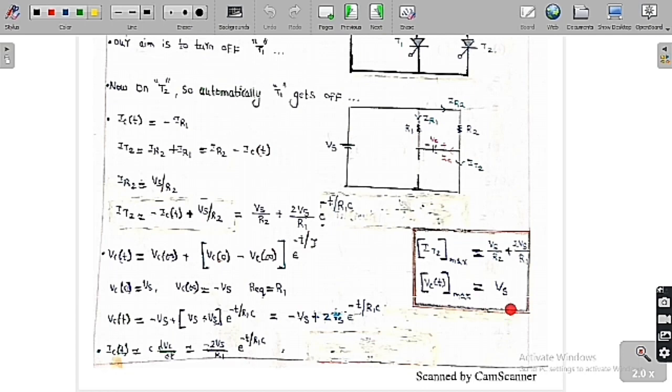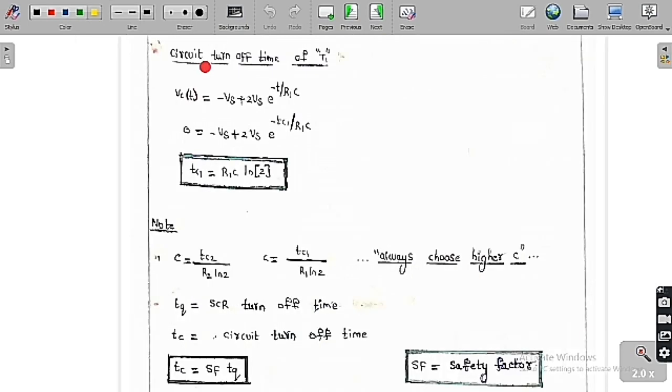And the maximum amount of reverse voltage appeared across the thyristor T1 is equal to Vs. Now if you want to find the circuit turn-off time of T1, circuit turn-off time means the time for which a reverse voltage appears across the thyristor T1. I already told you, when the capacitor voltage is positive, then only it will be a reverse voltage across the thyristor T1.